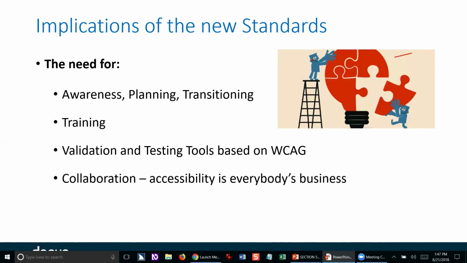And of course, there's the need for collaboration. Accessibility is a complex endeavor, and it relies on collaboration and communication. Especially if you have a very large agency with thousands or even millions of employees, it's really critical to have effective collaboration.